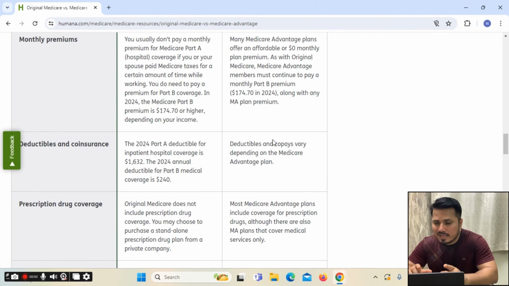Now, many Medicare Advantage plans offer an affordable or $0 monthly plan premium. As with original Medicare, Medicare Advantage members must continue to pay a monthly Part B premium, which is $174.70 in 2024, along with any MA premiums.